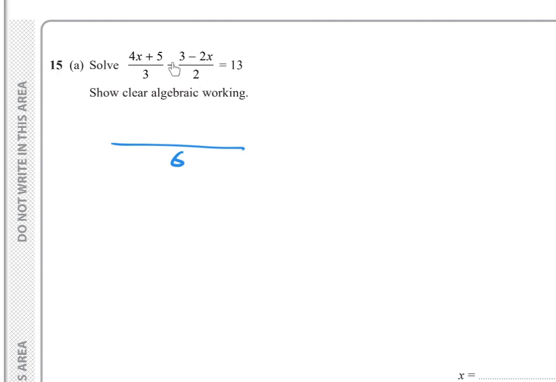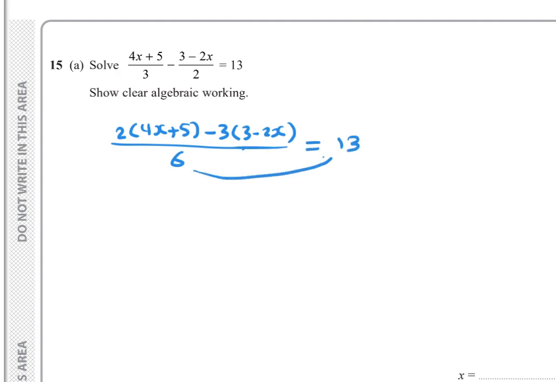So 2 times (4x plus 5) first, minus 3 times (3 minus 2x), equals 13. Then transpose 6 to the other side by multiplying.